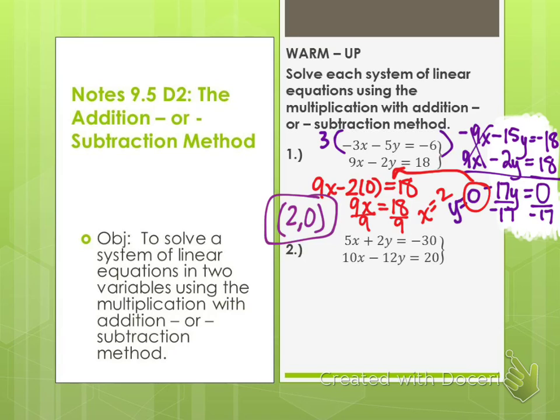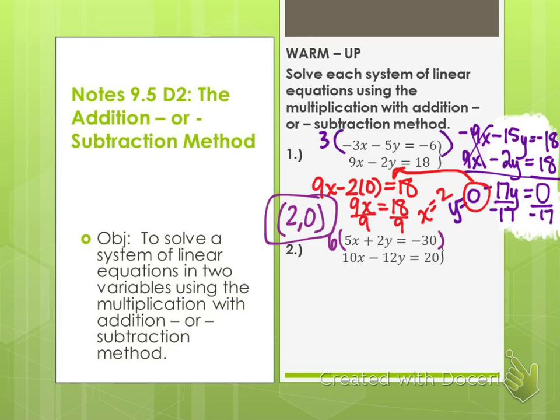If we are getting rid of y, we look at the y's. They're already different signs. One's a positive, one's a negative. So that's good. But we need them to have the same number. So how am I going to make a 2 into a 12? I have to multiply by 6.